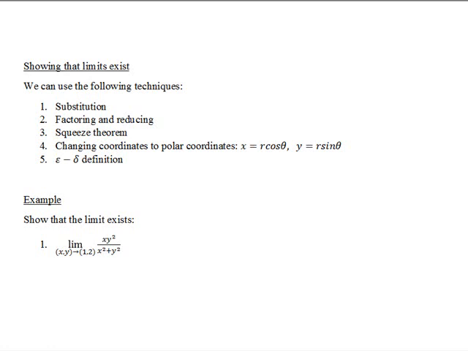Because remember we are looking at approaching (a, b) within a disk. A disk is a circle. Circles are defined by polar coordinates, right? So if you can write everything in terms of polar coordinates and then find the limit as r approaches 0, if (x, y) approaches (0, 0) that is, as r approaches 0, that makes it a lot easier for you.